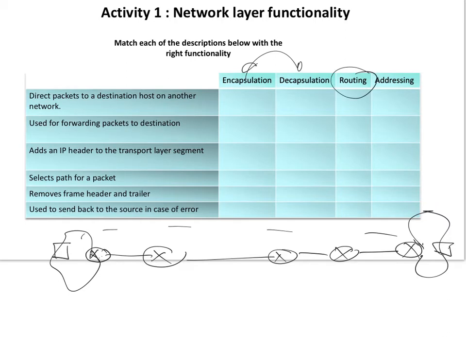Routing is the main function in the network layer that allows these routers to direct the packets in a certain path in order to reach the final destination. So that's the difference between logical addressing, which is part of the network layer, and routing.